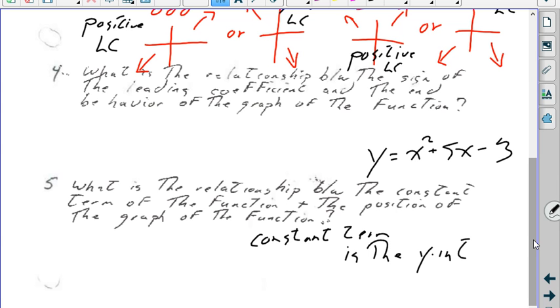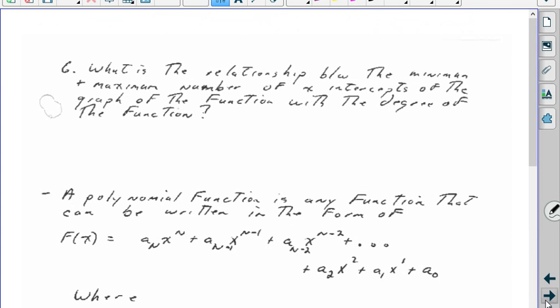We have to do some factoring, which we spend a lot of this unit on, because we should know how to factor second-degree functions, but you definitely don't know how to factor third-degree functions. Okay, so the relationship between the minimum and maximum number of x-intercepts and the degree.